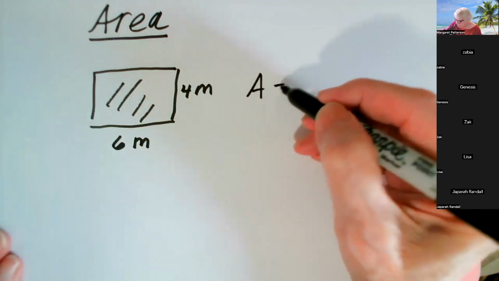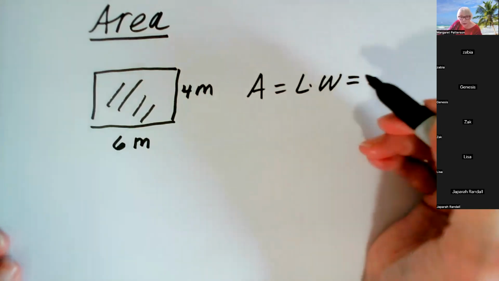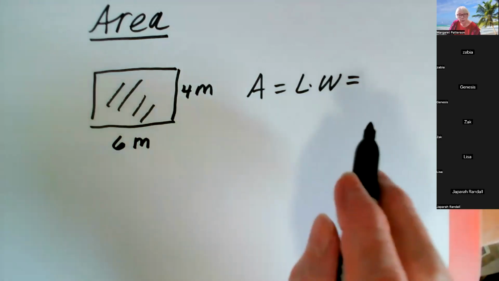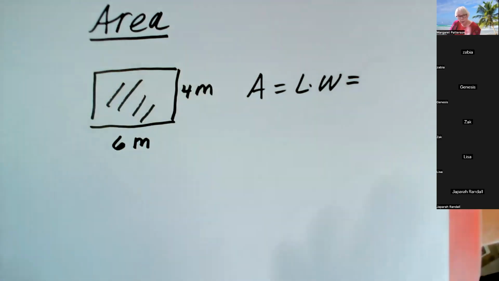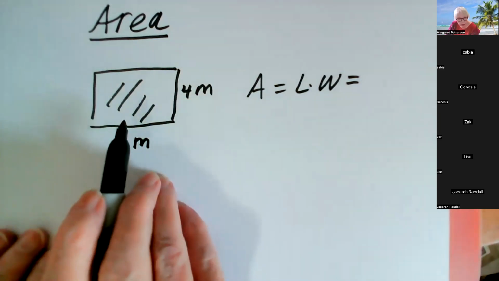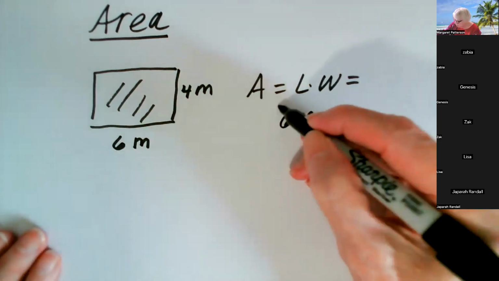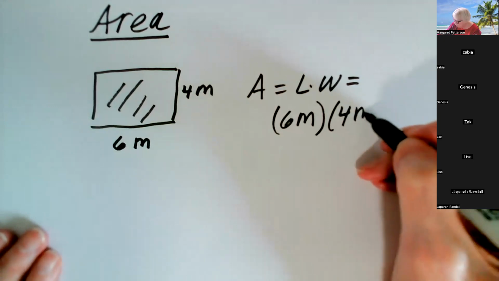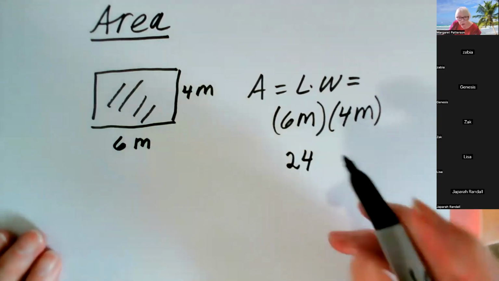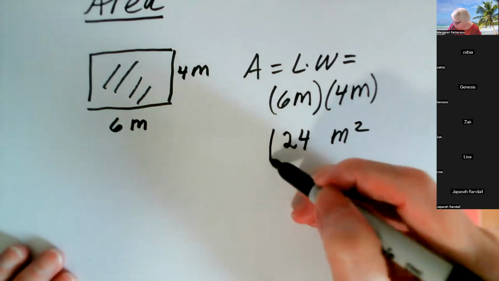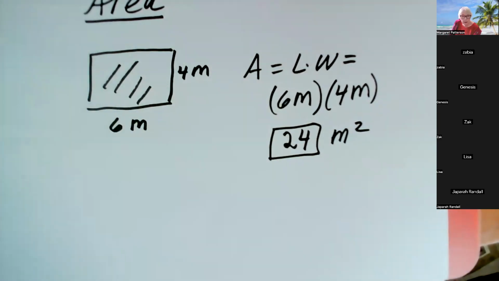And so area is length times width. You could have a half a page of formulas or whatever you need for the final. So if you need these formulas, then write them down. You could even show a little picture if that helps. But this would be 6 meters multiplied by 4 meters. And 6 times 4 is 24. They're going to have square meters on the side, but what you would need is to put in the 24.